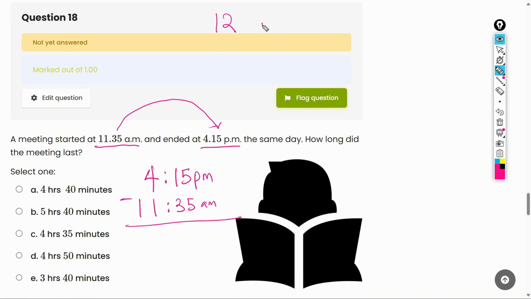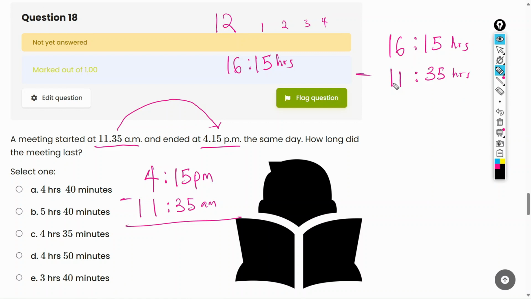From 12 to 1 to 2 to 3 to 4, that's 4 more hours on top of 12. So if we add that, that's 16 hours. So 4:15 p.m. becomes 16 hours, 15 minutes, and then minus 11 hours, 35 minutes.